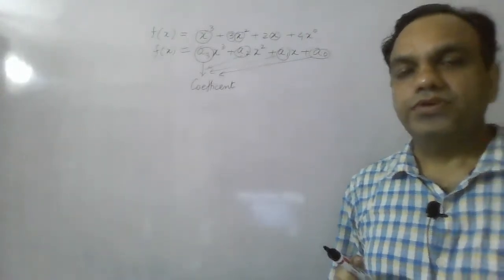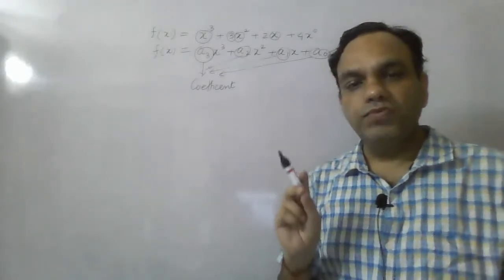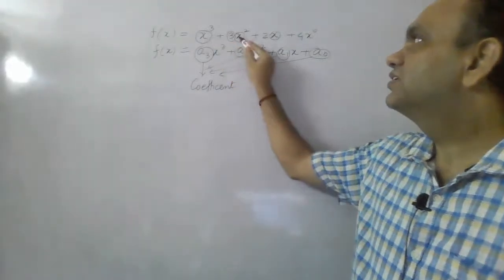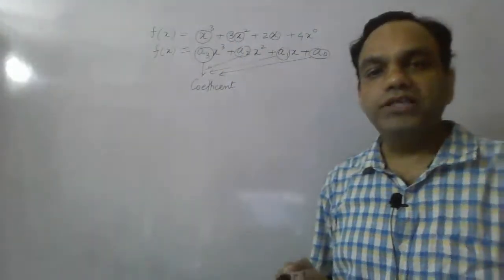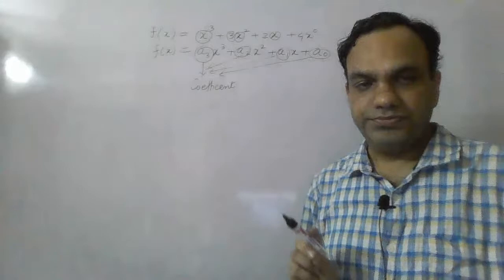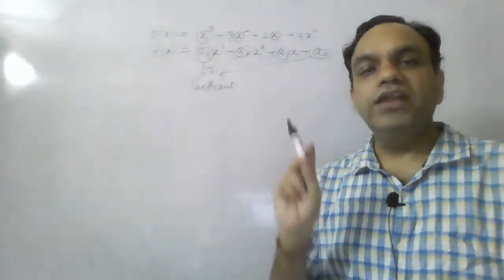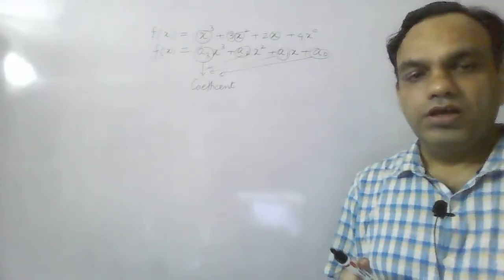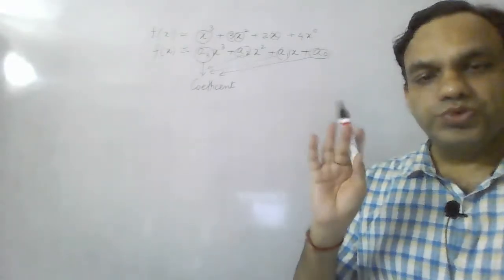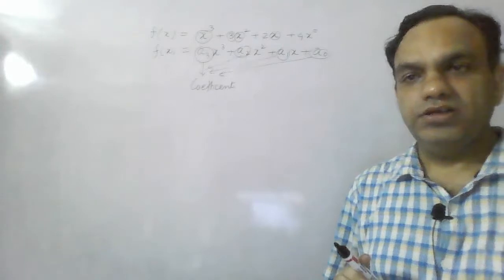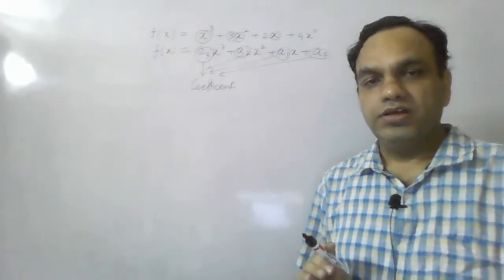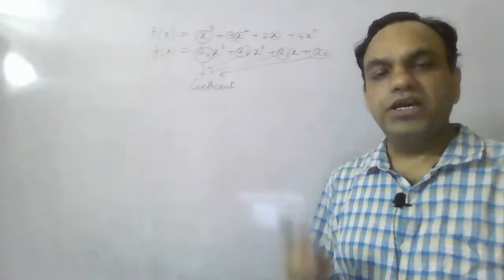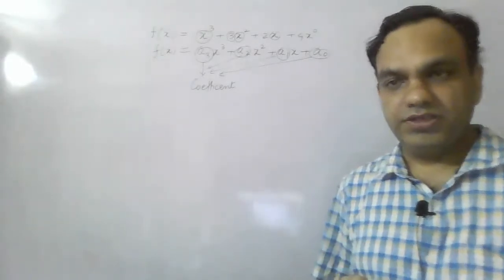If we are using only a single variable, like here x, then it is known as a monomial, meaning a single variable polynomial. If we are using two variables, then it is a binomial, meaning there are two variables.